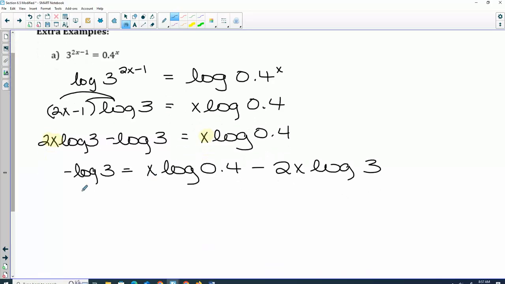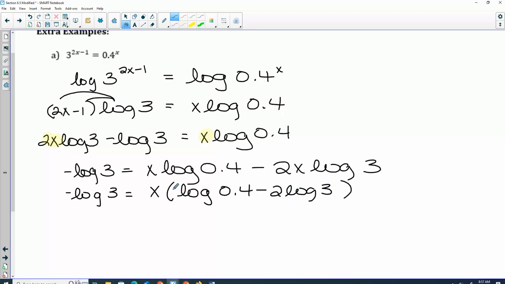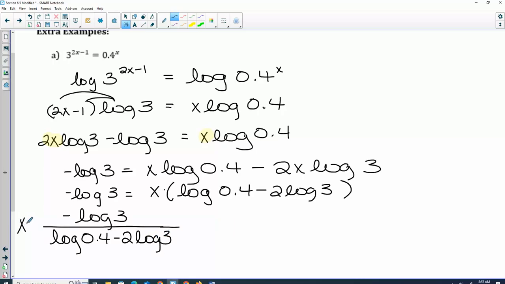We want to be able to divide, so first we factor out our x. So now it's x times something, so to get x by itself, you divide. So that is my exact answer.